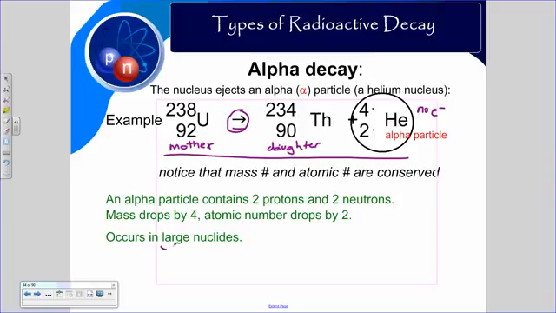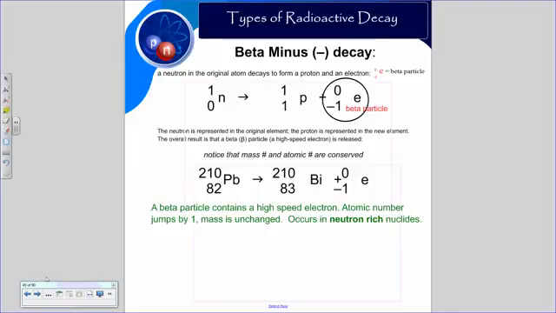This type of decay typically occurs in large nuclides, like transuranium elements. Okay, but usually things that are considered automatically stable, like anything above element number 84, can decay via alpha particle emission.